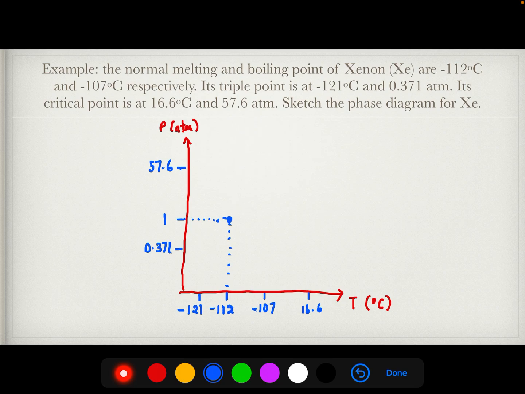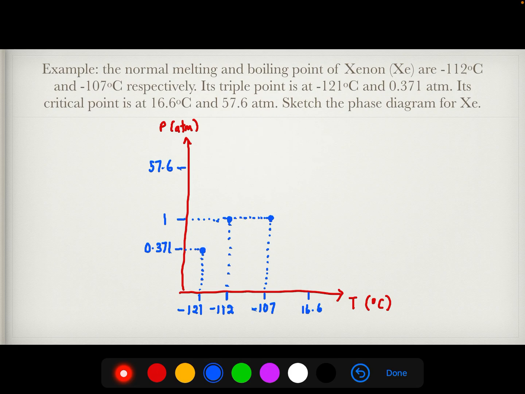So that is the normal melting point, and then we have the normal boiling point, which is also at 1 atm, and negative 107 is the temperature. Then we have the triple point at 0.371 atm and negative 121 degrees C, so it meets here.